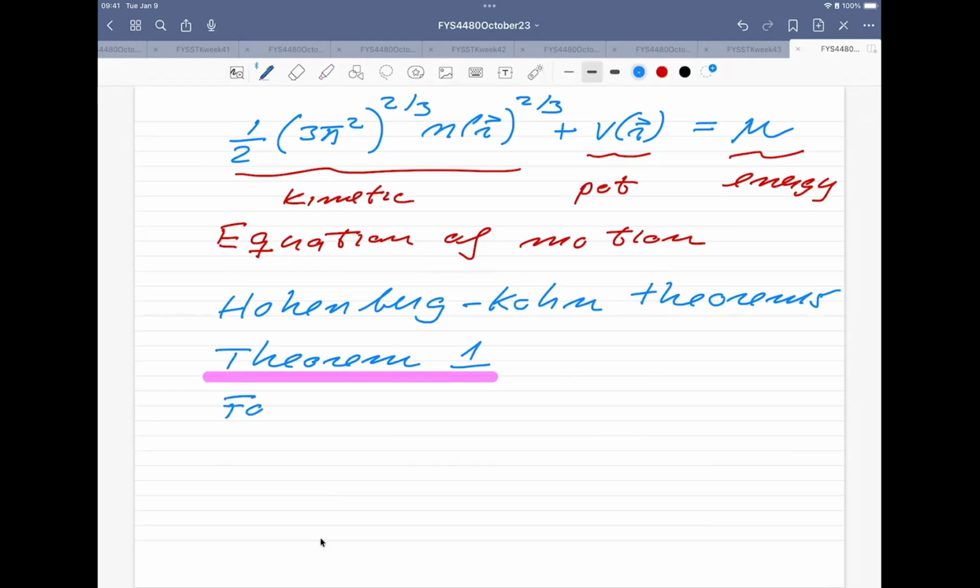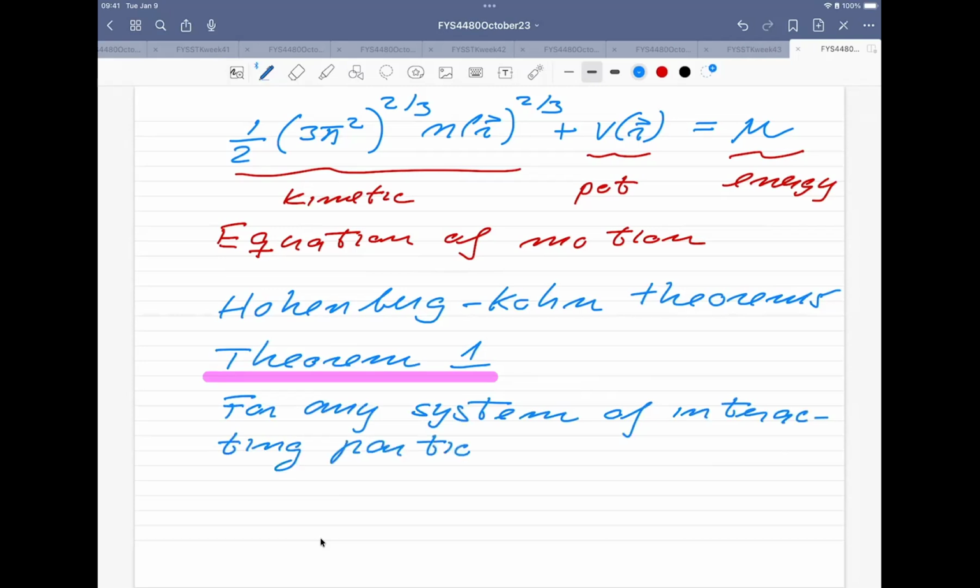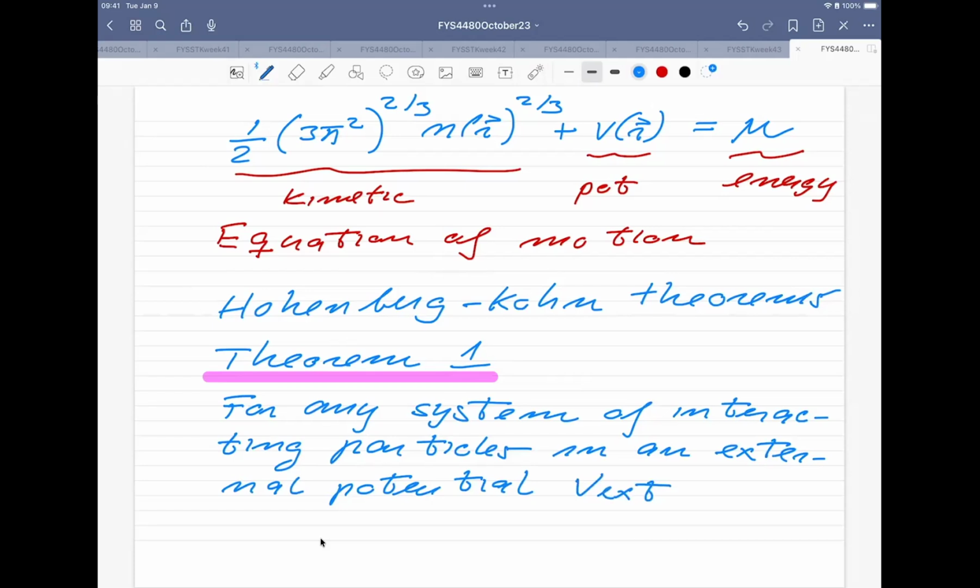For any system of interacting particles moving in an external potential, which we called V of X, V external, the external potential is determined uniquely, except for a constant, by the ground state single particle density.